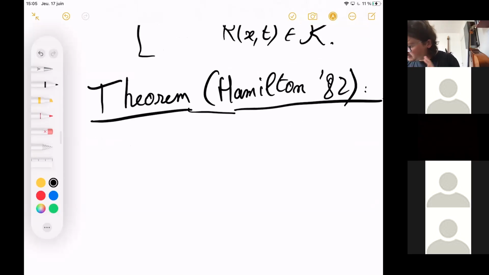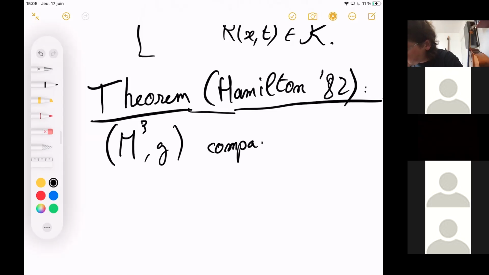I'm a geometer, so I want to prove a geometry theorem. The behavior of PDEs is fine, but I'm using it as a tool. So the theorem I really want to prove is the following. Let M3, g be a compact three-manifold with positive Ricci curvature.